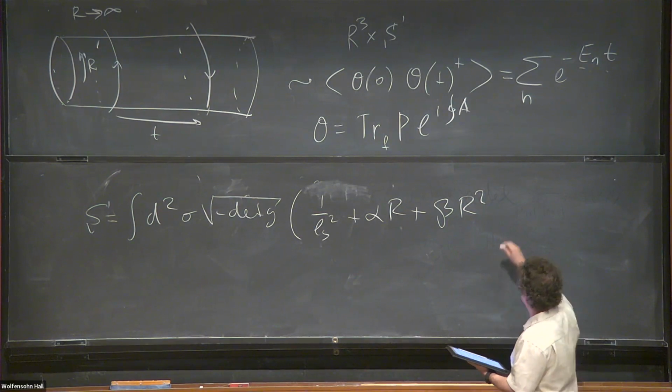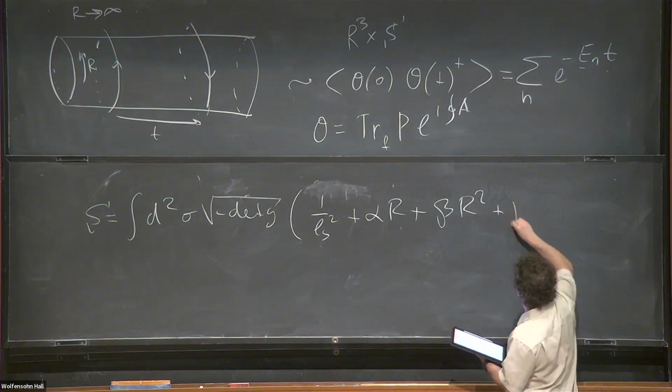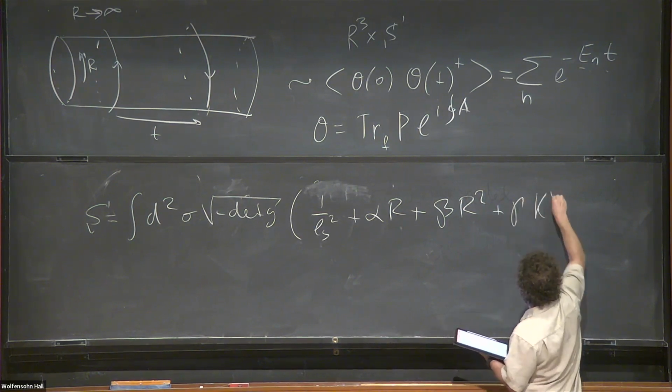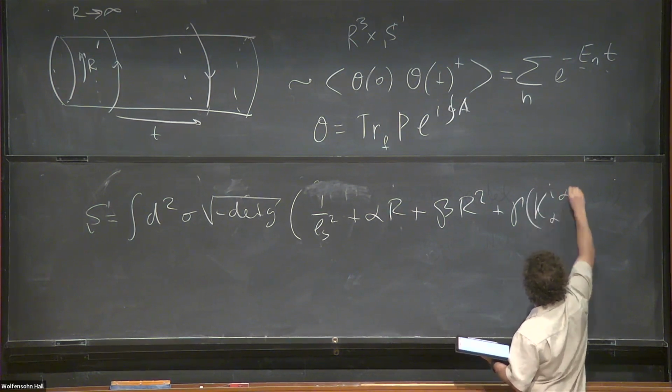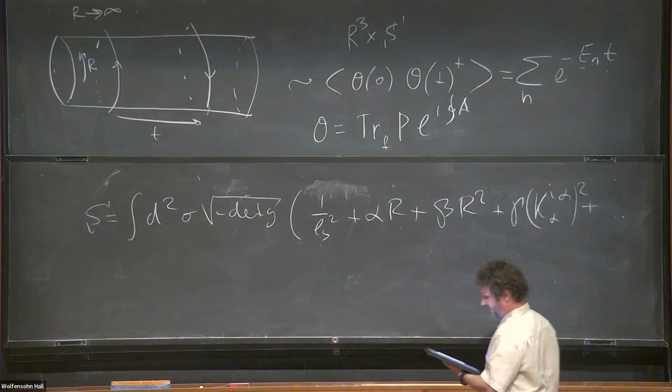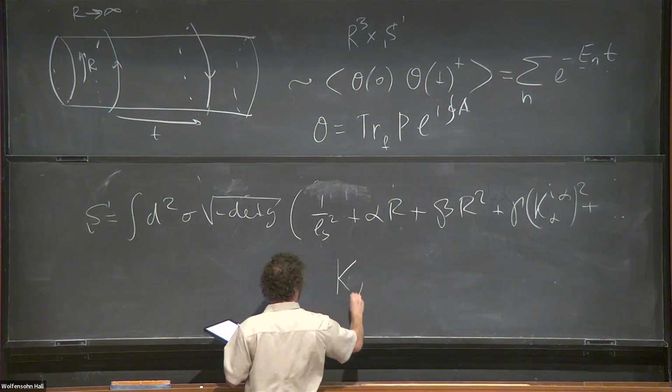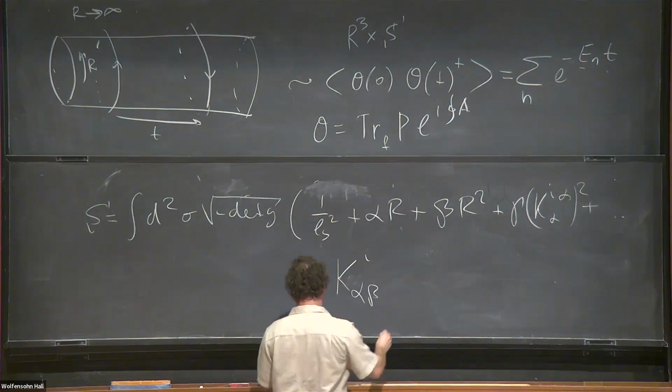But one can also write geometric invariants like K squared plus etc., where K is the extrinsic curvature tensor.